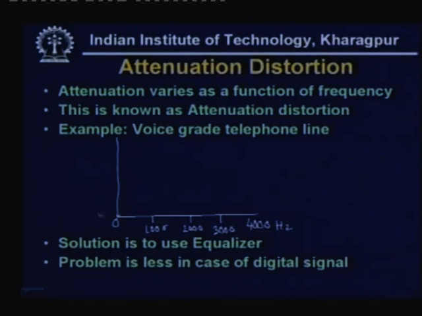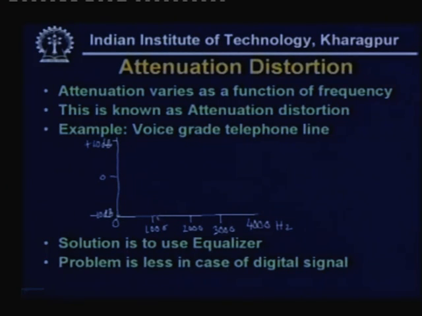And on this side we draw the attenuation in decibel, where this is 0, say this is minus 10 dB and this is plus 10 dB. And the bandwidth of the medium, that means the voice grade telephone line in this case, can be represented like this.